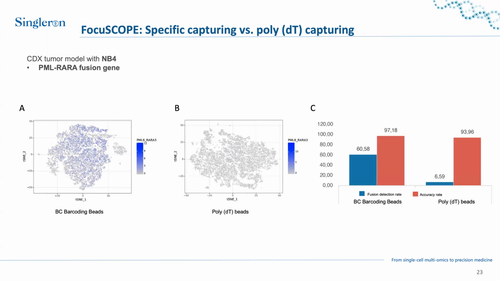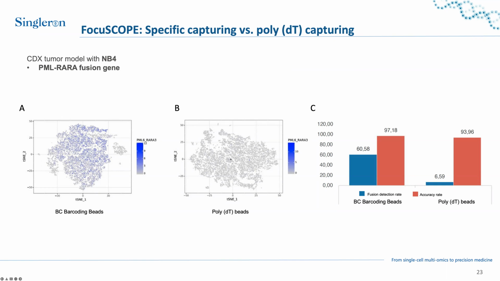This MB4 again has the PML-RARA fusion gene, and as you can see here, this time we performed this experiment with FocuSCOPE and compared it with our standard GEXSCOPE, which uses only the poly-dT capturing.